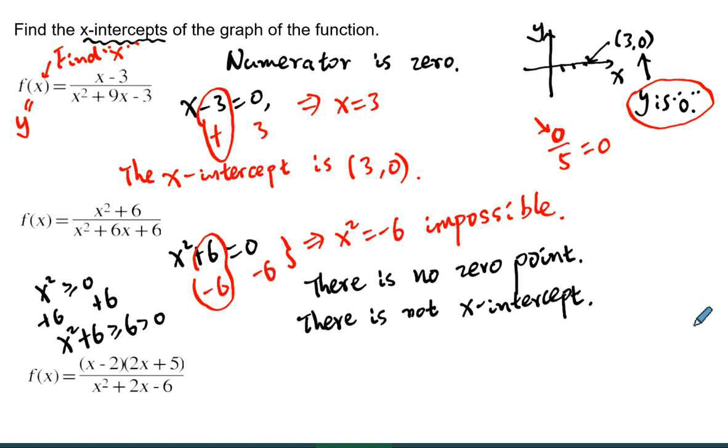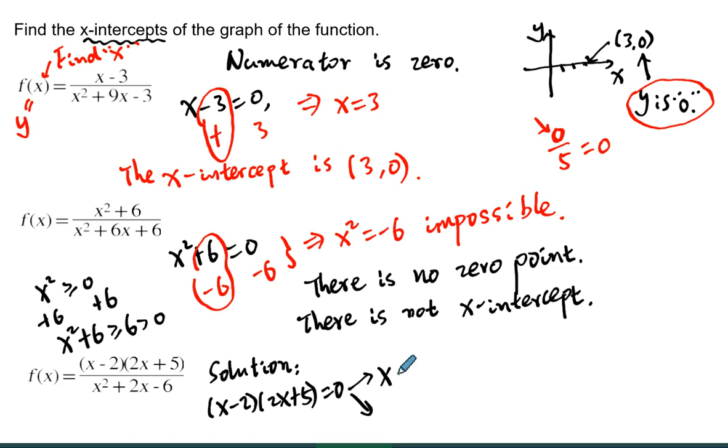all right. Now, how about this one? This one, what's the solution? From here, you see if you have x minus 2 or 2x plus 5, if the product is 0, then you get 0.